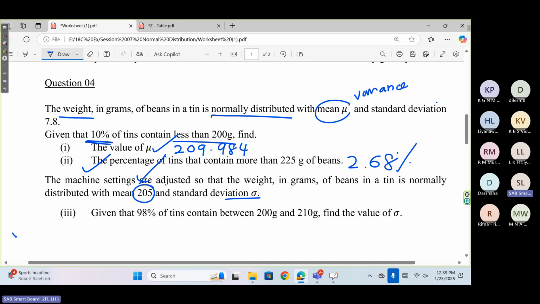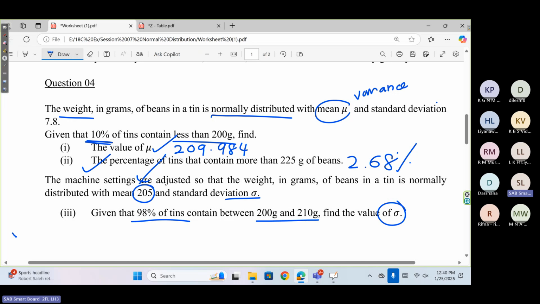Given that 98% of tins contain between 200 and 210, find the value of sigma. The question asks us to find the standard deviation after the adjustment. Now we know the mu value. The other point is that 98% of tins contain between 200 and 210.